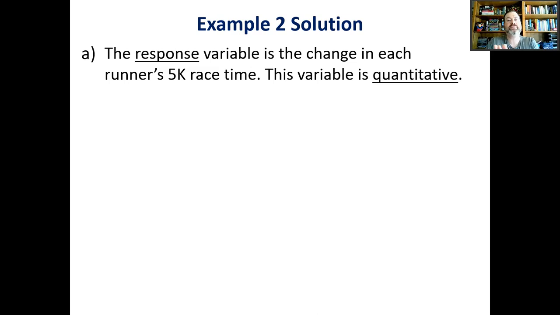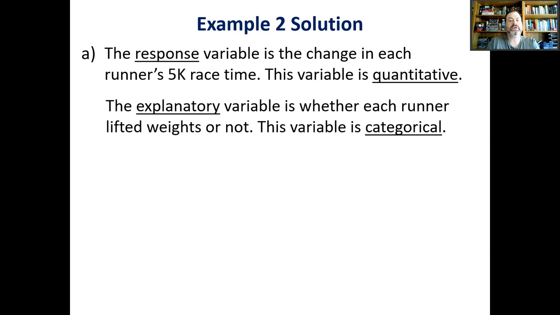So the response variable is the change in each runner's 5K race time. This is a quantitative variable. It's a measurement. How fast did the person run? The explanatory variable is whether each runner lifted weights or not. That's categorical. So notice that lifting weights by itself is not a variable. A variable is something that could be different for different people in the study.